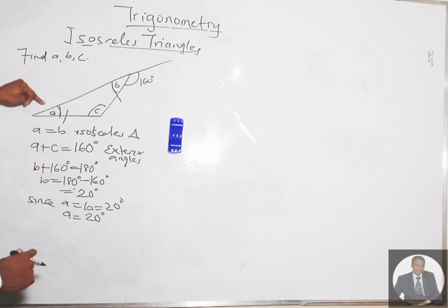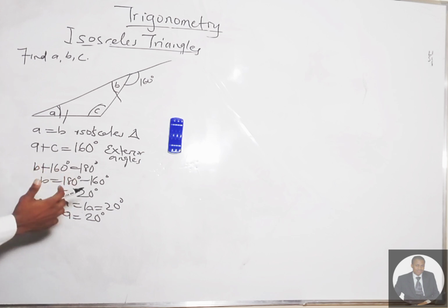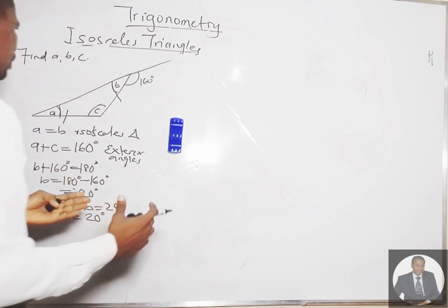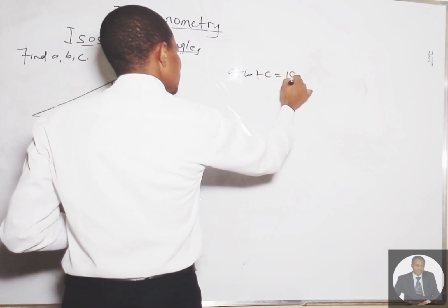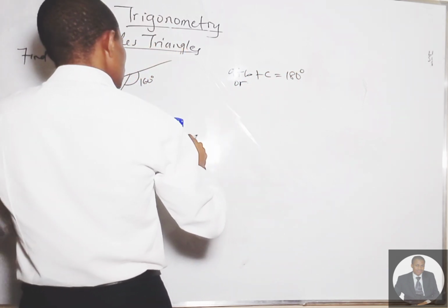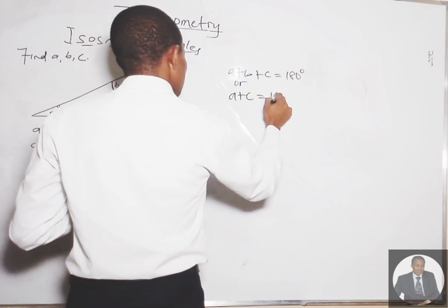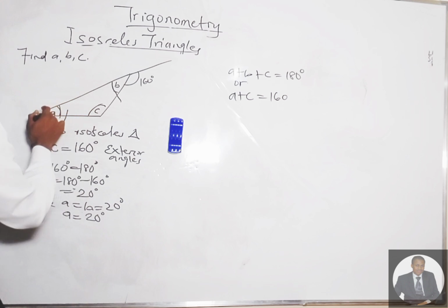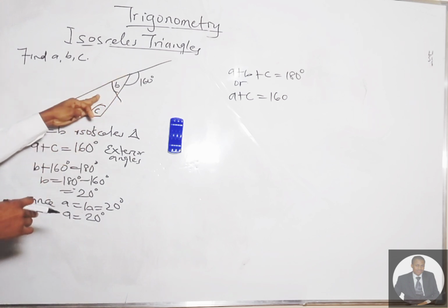So we found A. How do we look for C? We can get C in two different ways. We can either say A plus B plus C equals 180, that's the total sum of angles in a triangle.